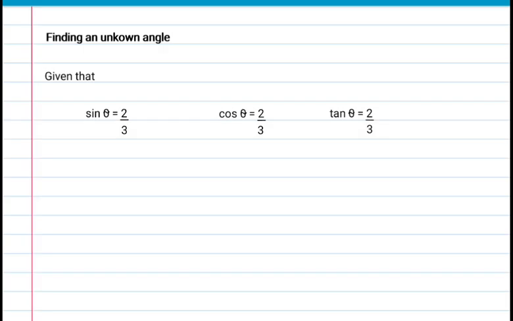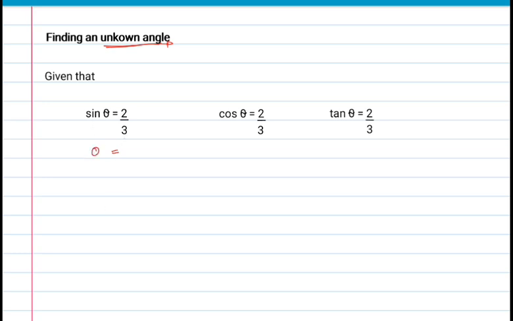Earlier on, we were looking at the calculation of a side. Now we want to also consider an unknown angle. For us to have an unknown angle, we have to firstly consider how we can find the angle when you are given particular data. For example, in this case, we have sine theta being equal to 2/3.